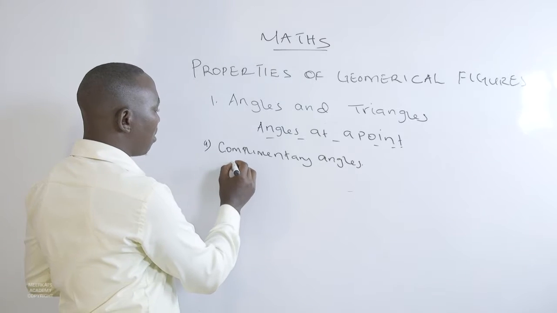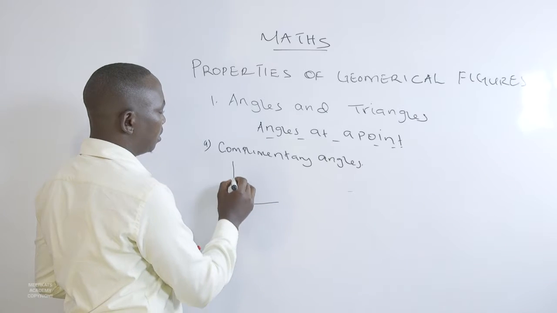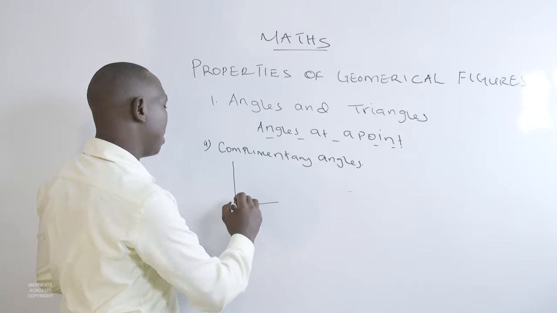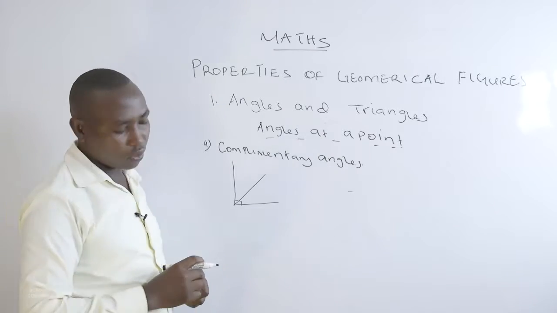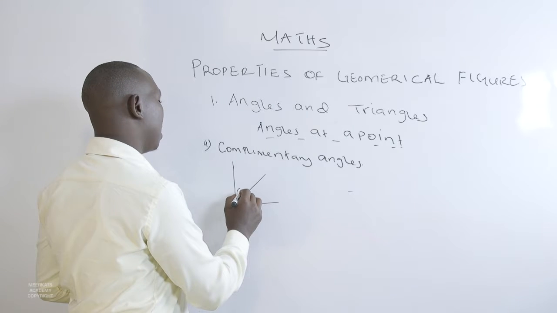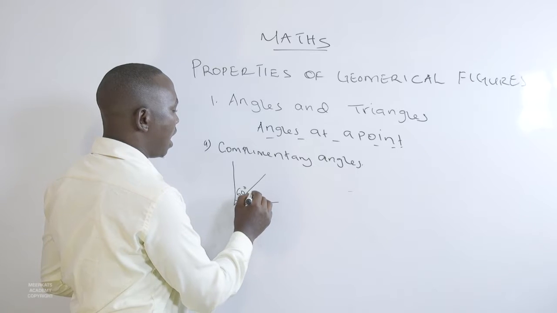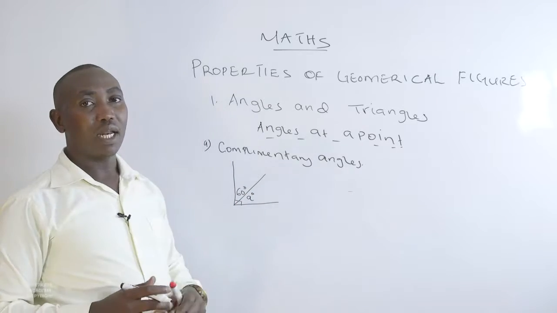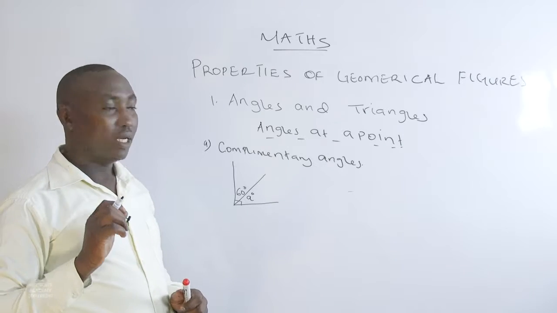So given that we might have such, where we understand that this is 90 degrees, then the angle is subdivided into 2, and we are told that this is 60 degrees and this is A degrees. Complementary angles normally add up to 90 degrees.